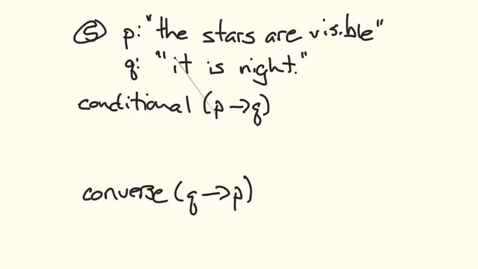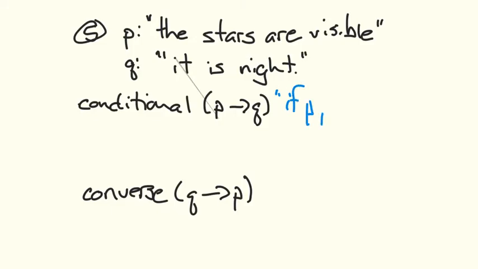All right, here we're supposed to write out a variety of different statements based on this P here. The original statement is P, the stars are visible, and Q, it is night. So this symbol here means implies, or it's basically if P, then Q. All right?